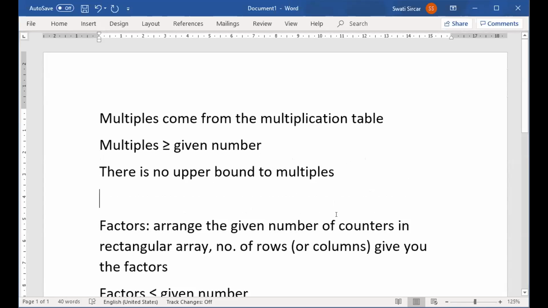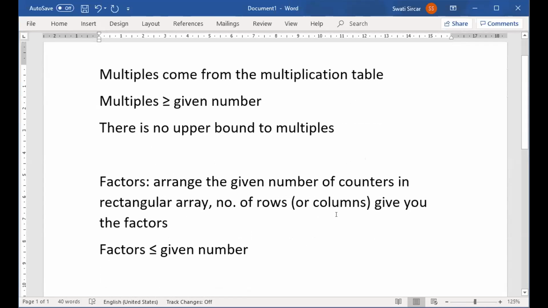On the other hand, there are only a finite number of factors. And in fact you know that 1 is a factor of all numbers, so those are important things.